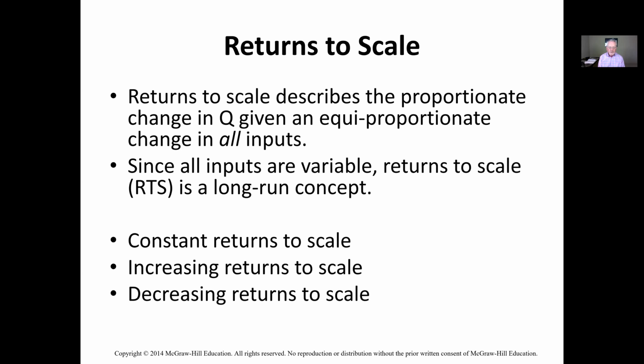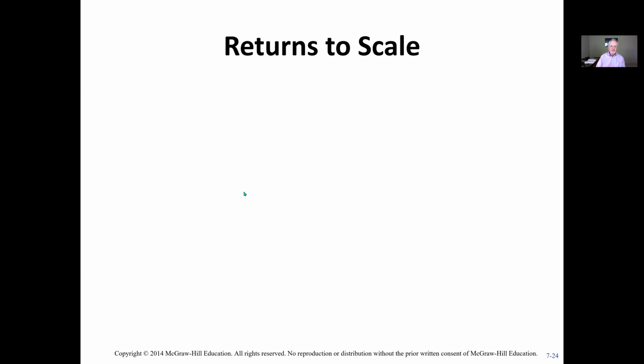And lastly, of course, if I were to increase all my inputs by 5%, and output increased by a proportion less than 5%, I would call that diminishing or decreasing returns to scale.